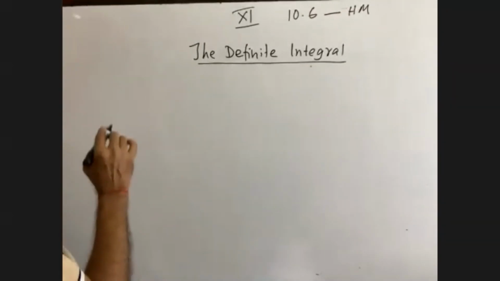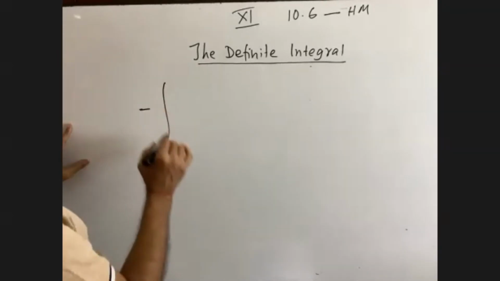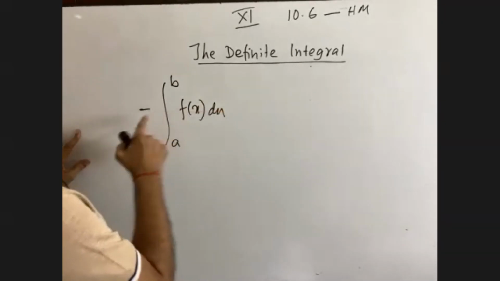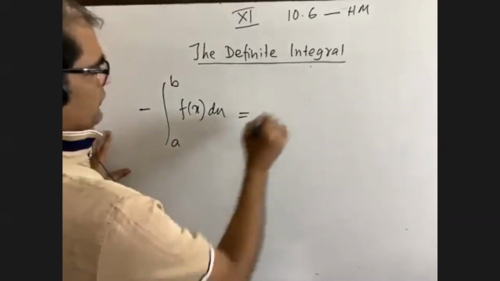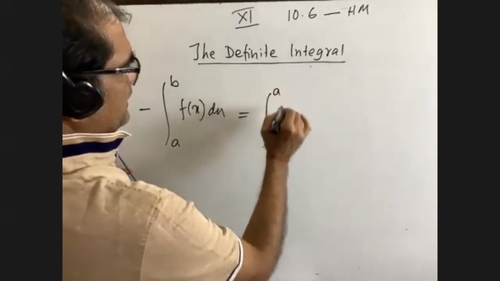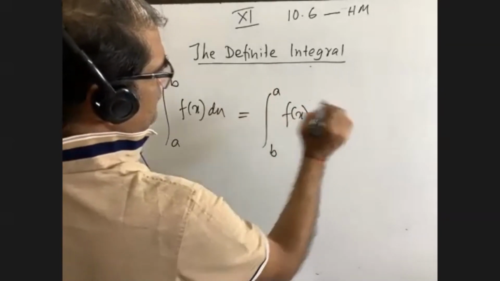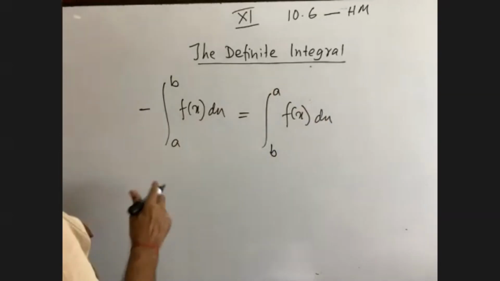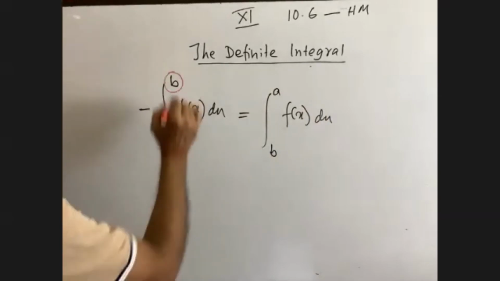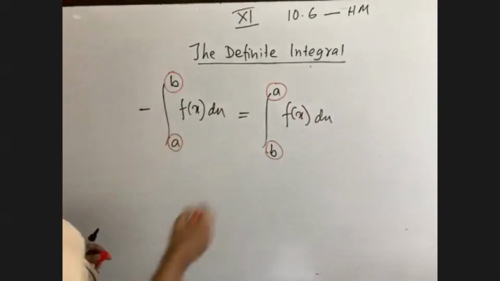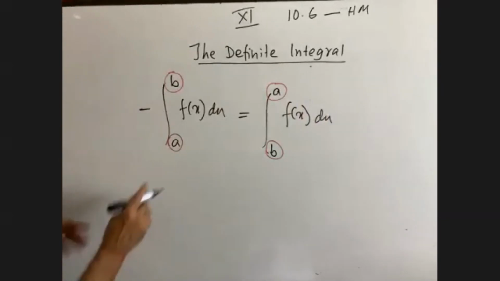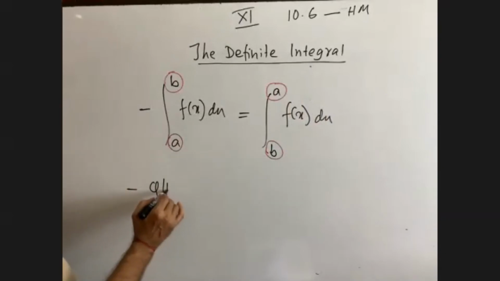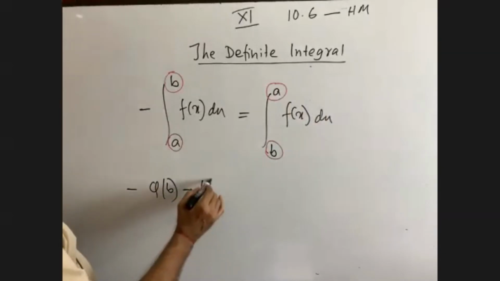Another thing, suppose this is minus, integral from a to b of f x dx, equals the integral from b to a of phi x dx, because we have just exchanged the values. What is happening here? What is the formula here? The formula is minus, suppose phi b minus phi a.